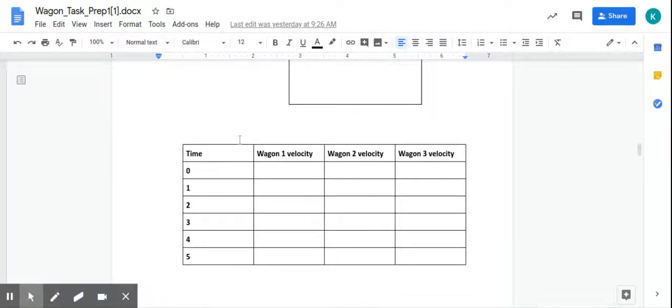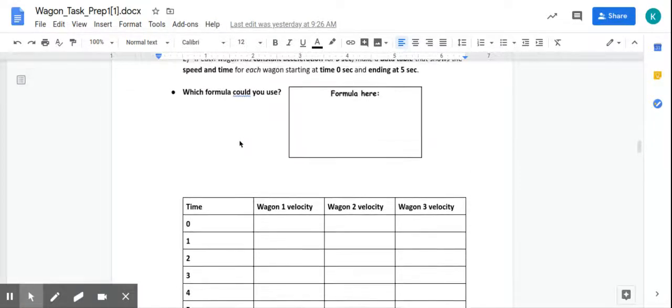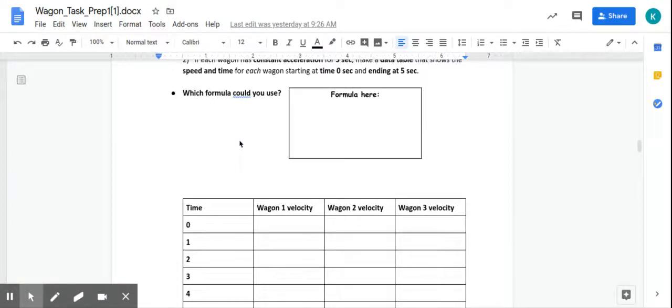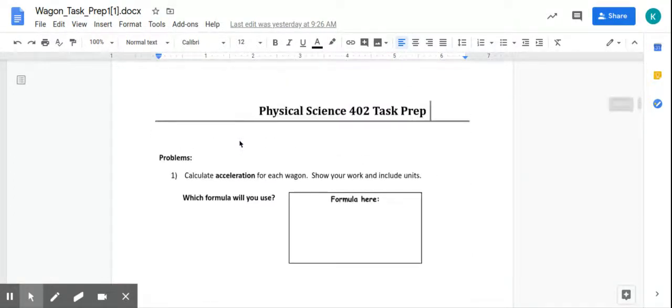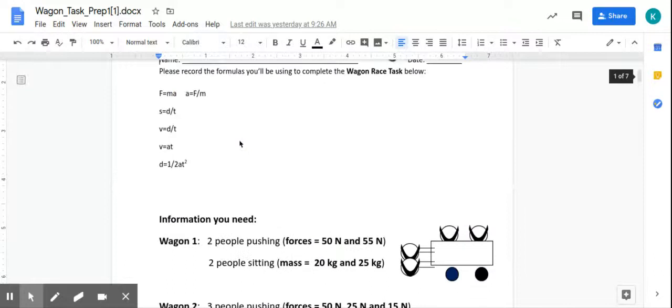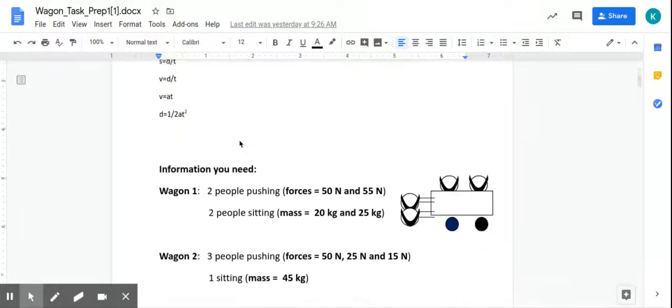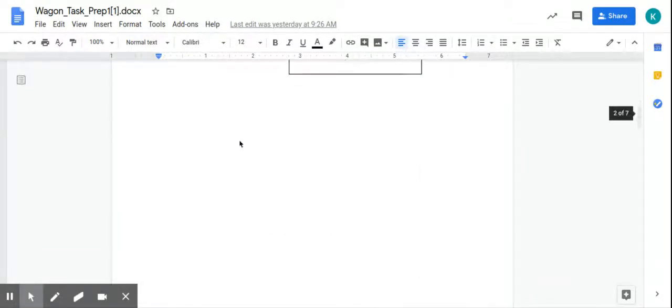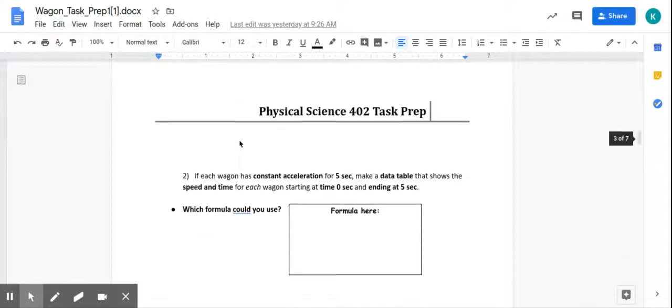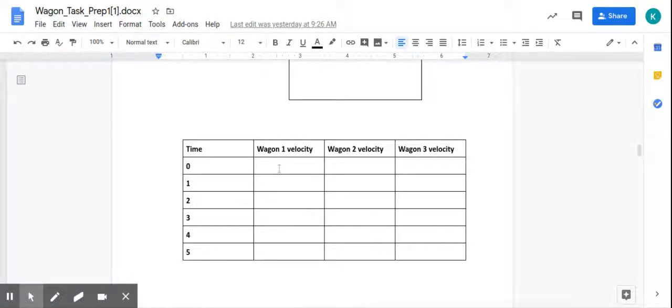So you have the acceleration that you just calculated, and you have time. Go up here and figure out which one of the formulas has those things in it. Then you're just going to calculate what the velocity of each wagon was at each of these times.